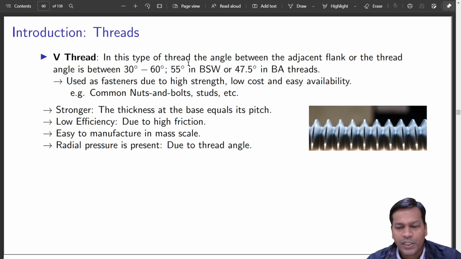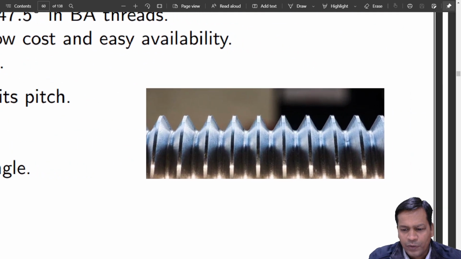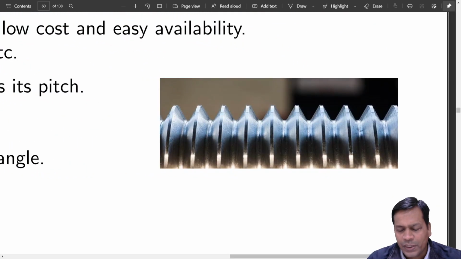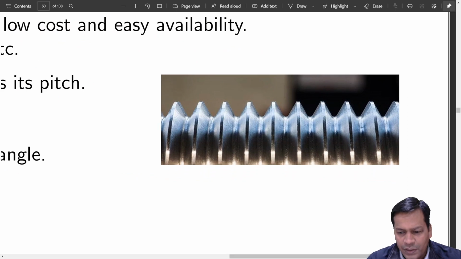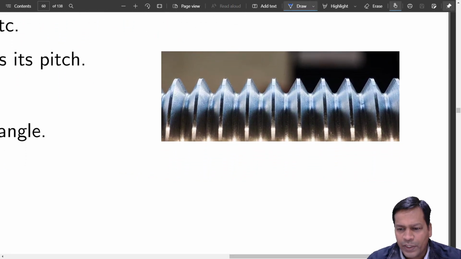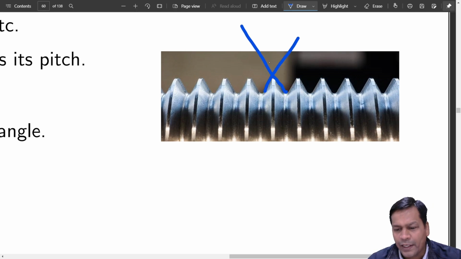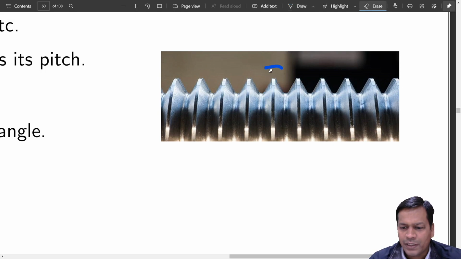Basically this type of thread has an angle between adjacent flanks. What are flanks? If you look closely, let me zoom in, there is an angle between flanks. So this is one flank and this is one. Between adjacent ones there is an angle, and that is the angle I am interested in here.